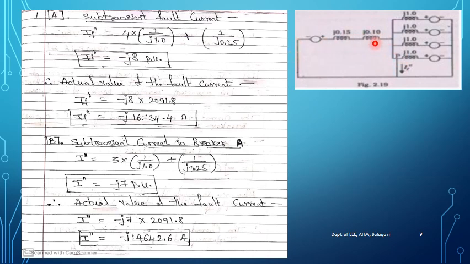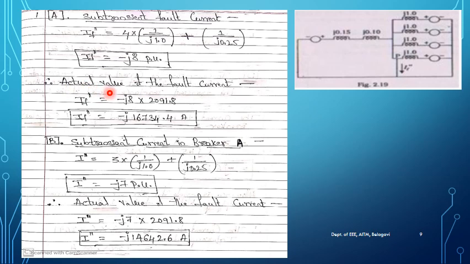These two reactances are connected in series, so they get added up. We get j0.25 after adding these two reactances. But they are in parallel with this, so 1 divided by 0.25. If you add up these two combinations, you get the fault current through this point. If you simplify it, you are going to get the fault current as minus j8 per unit, but that is in per unit, and we want it in terms of actual value.